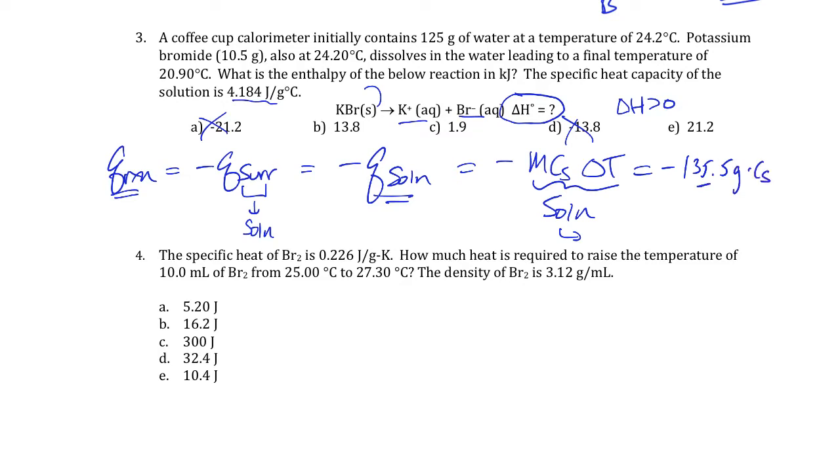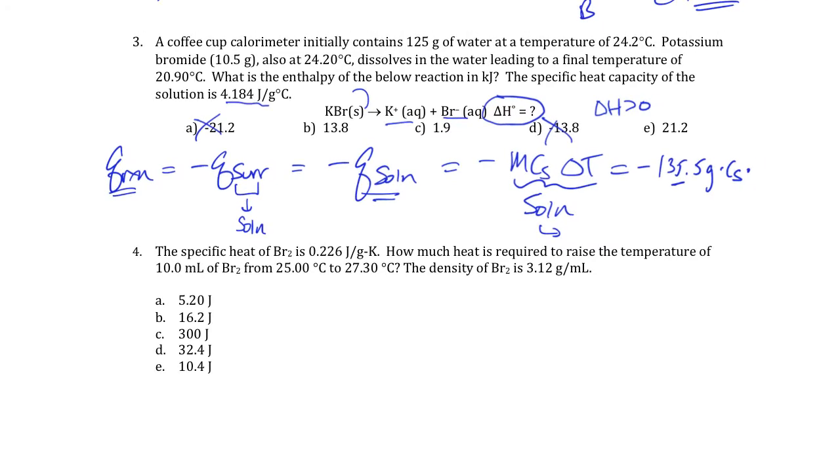I'm just going to write CS here, but I know it's the 4.184 joules per gram degree C. And then the delta T is the final minus the initial. So you got to be careful that this is the initial temperature, the 24.2. The final is 20.9. So we can do 20.90 minus 24.2 degrees C.